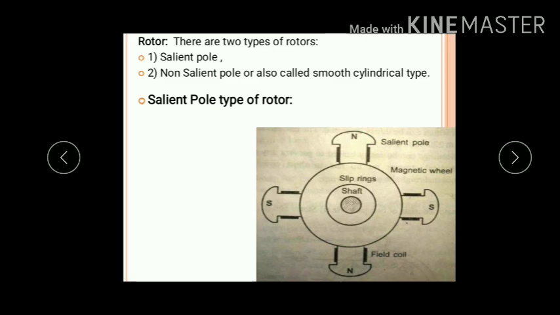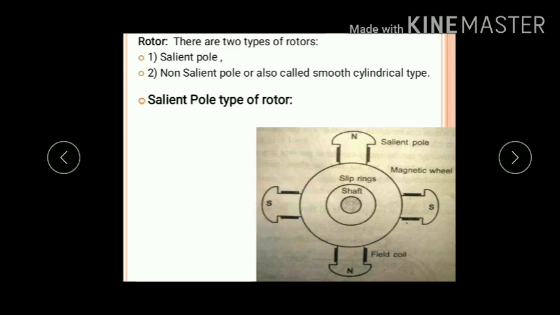Now the poles are laminated to reduce the eddy current losses. Now on these poles, a field coil is wound, to which a DC voltage source is applied to generate magnetic field. Thereby, the poles become an electromagnet.